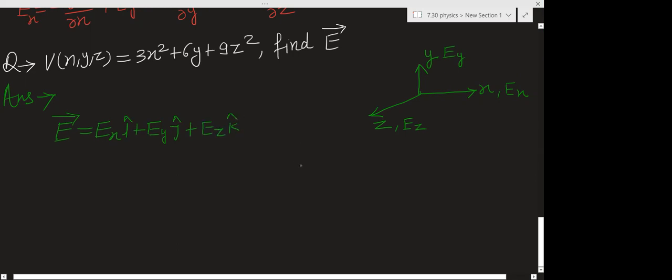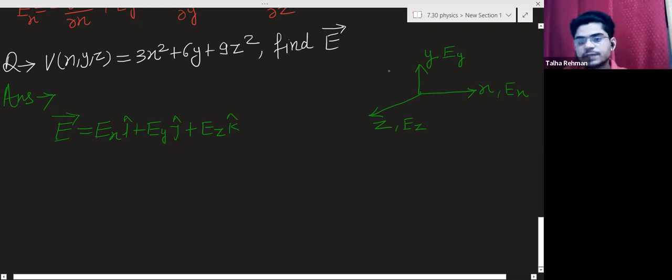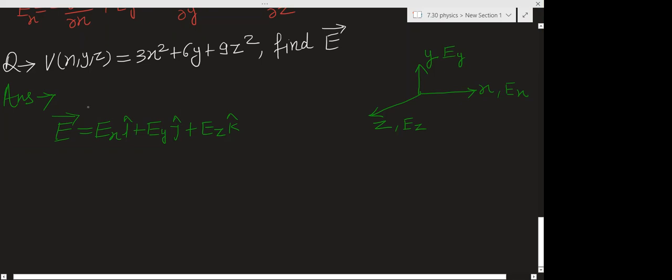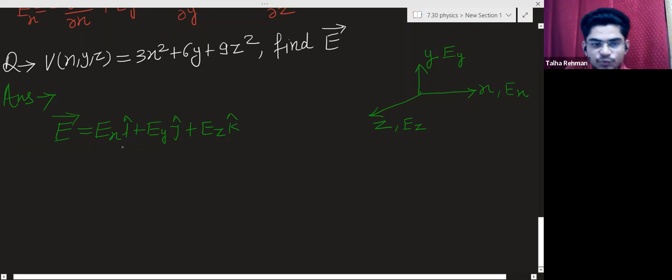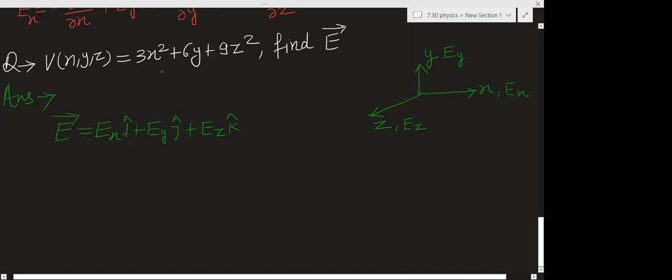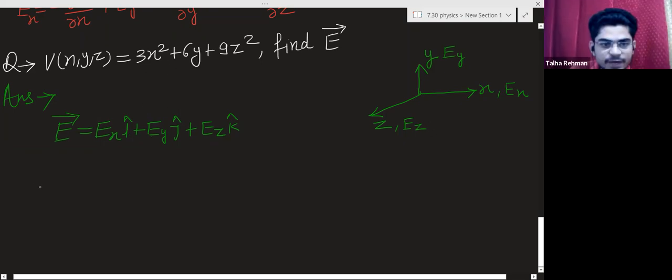These are the components of the total electric field. This is the component of the electric field in the x direction. This is the component in the y direction. This is the component in the z direction. And if we want to find the total electric field, then we have to add these electric fields vectorially.